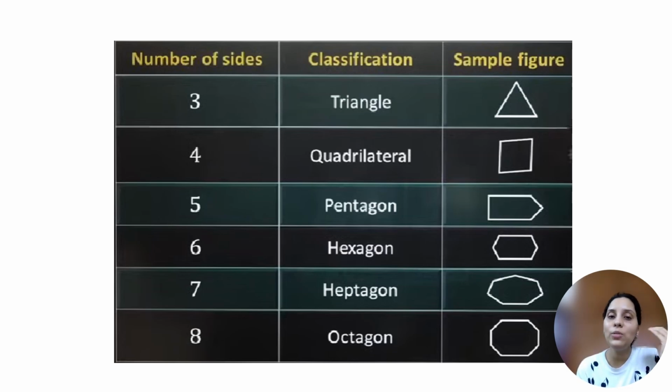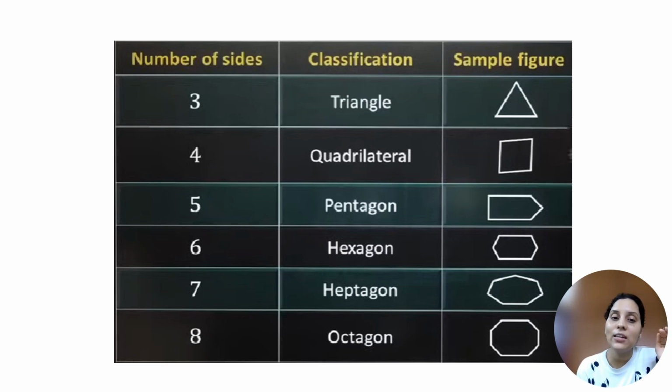Here we know that a triangle, a three-sided figure, is also a polygon. So a polygon is any such closed figure. Similarly, a quadrilateral has four sides. Any four-sided figure is a quadrilateral, be it rectangle, square, parallelogram, rhombus, everything is known as a quadrilateral.